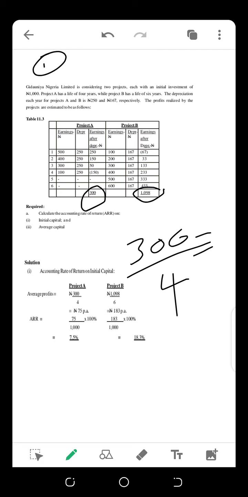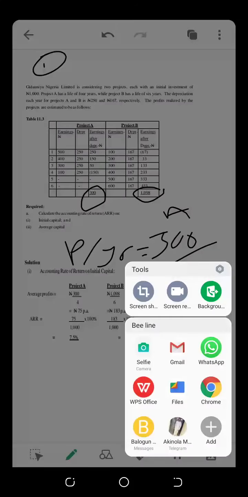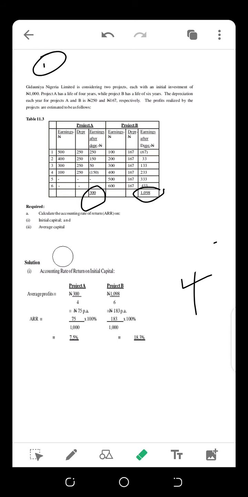That is how you can arrive at your profit for each year. 300 divided by 4, that's around 75 per annum as computed here. So without wasting much time, you will see that we are still in line with their calculation. So project A is 300 divided by 4 years, which is profit for 1 year, which is per annum.